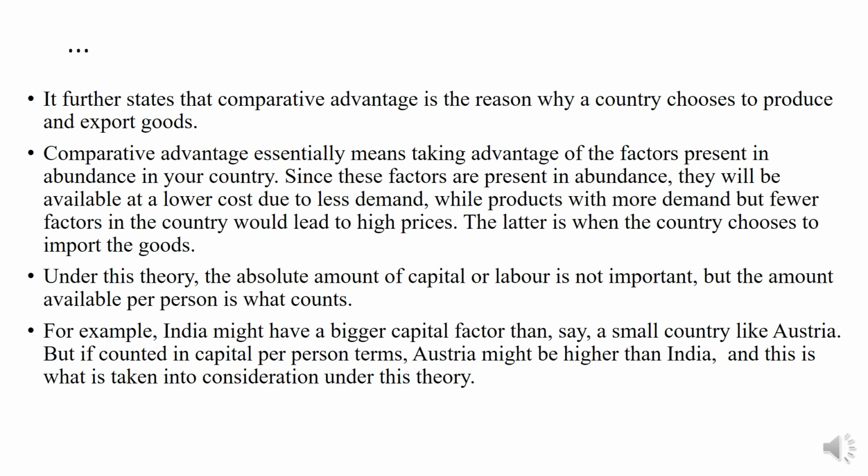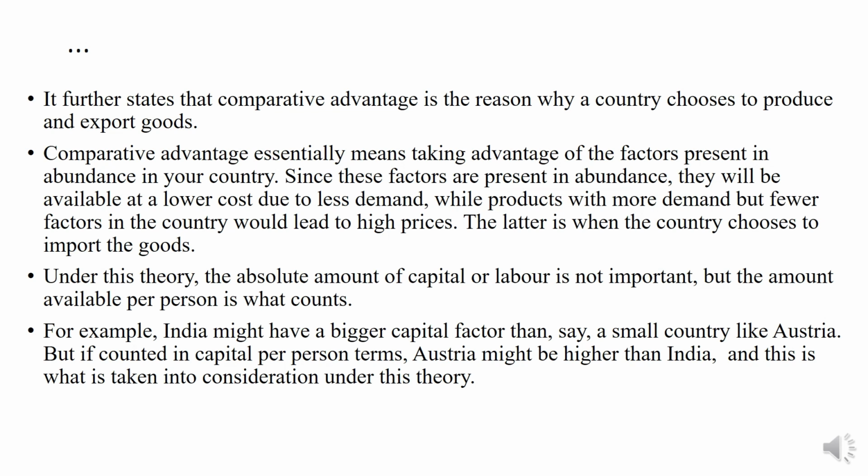As we already discussed comparative advantage theory, so whichever country has more comparative advantage will produce that product more and more. Comparative advantage essentially means taking advantage of the factors present in abundance in your country because there is less demand and high supply in a country.